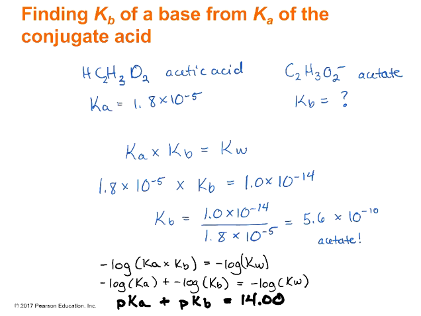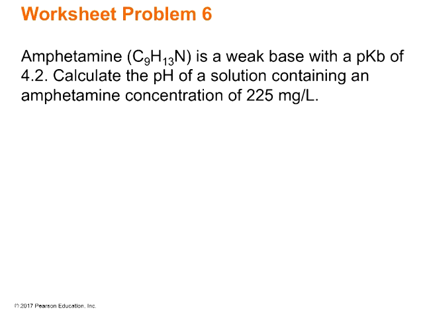Okay, so let's do a practice problem. And this is worksheet problem 6. In this problem, amphetamine is a weak base with a pKb of 4.2. Calculate the pH of a solution containing an amphetamine concentration of 225 milligrams per liter.